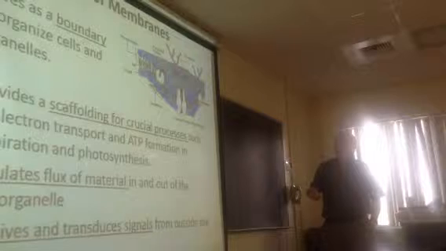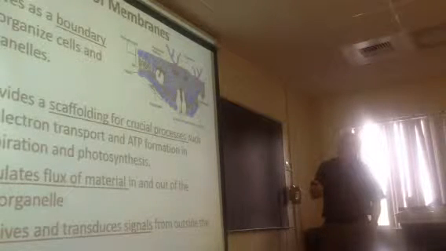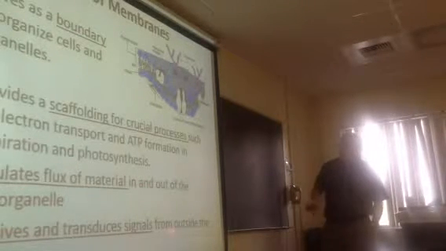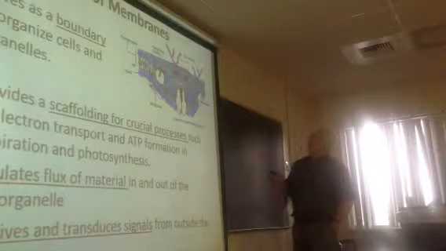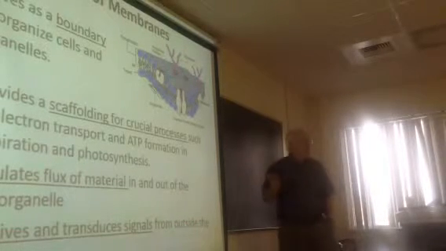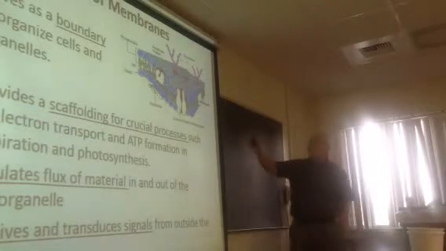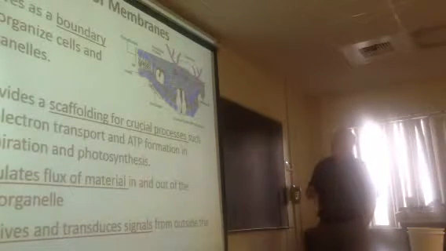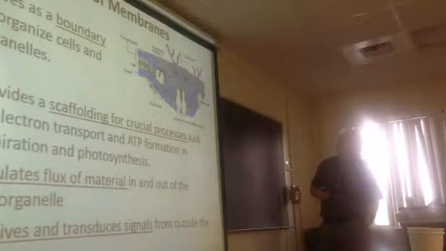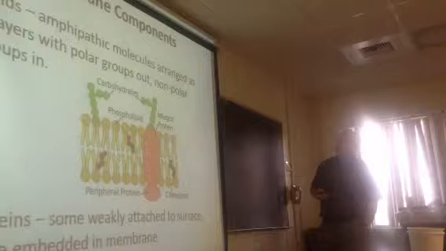So it's not just a passive boundary, although it certainly is a boundary. And we get signals from the outside world. A lot of these things will be hormone receptors and other kinds of sensors that will give the cell important information about what's happening outside. So it's not just a physical passive structure.